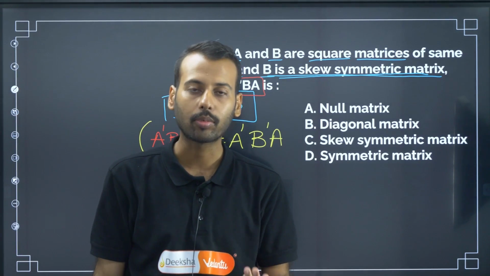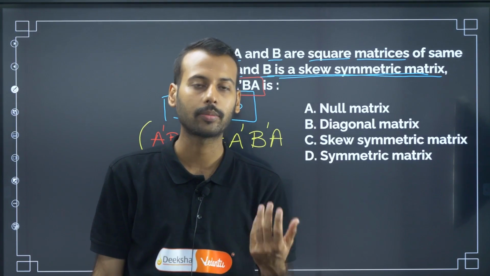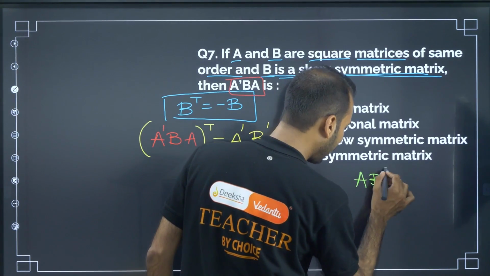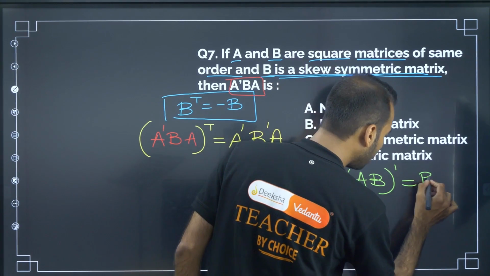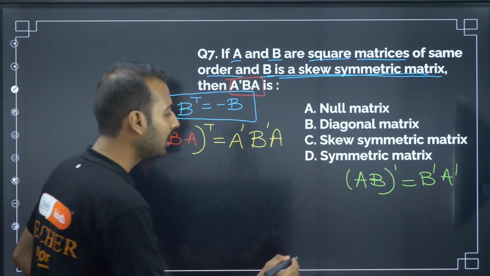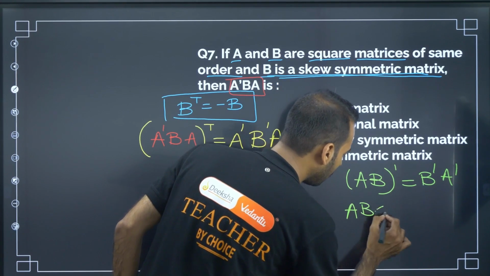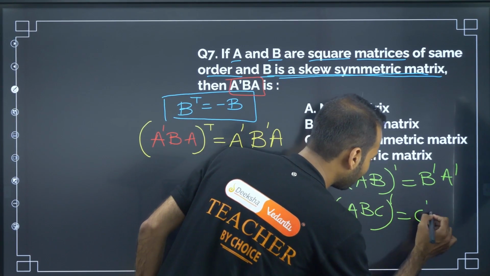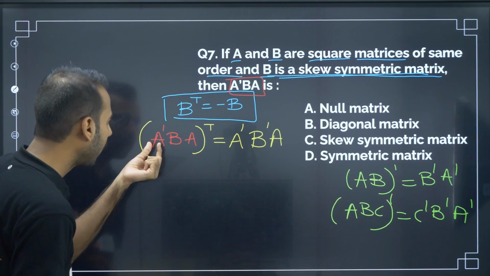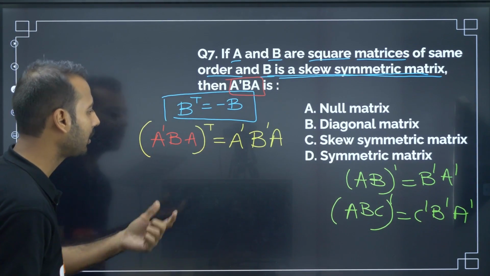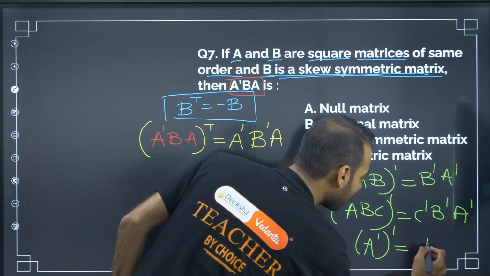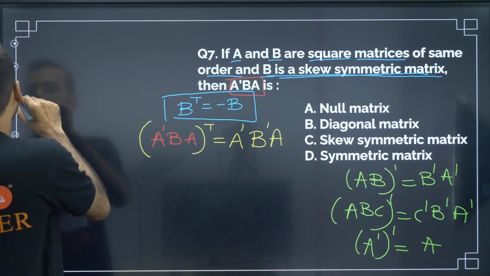Every time I keep on saying properties of transpose, properties of matrix. So you should be knowing the properties. Now what is that property? (AB)' is equal to B' A'. Now (ABC)' means what? (ABC)' is equal to C' B' A'. So A, I have to write here ' B ', and (A')' is A. (A')' is A.